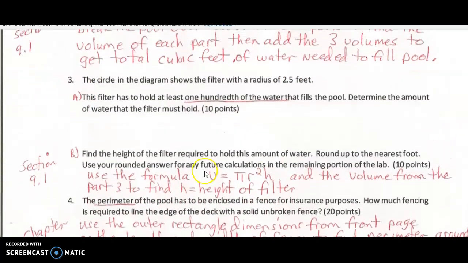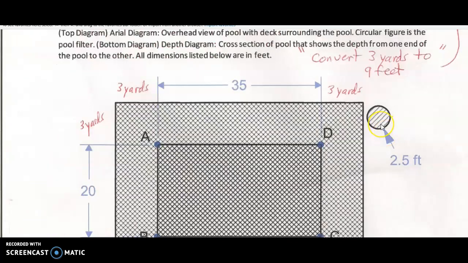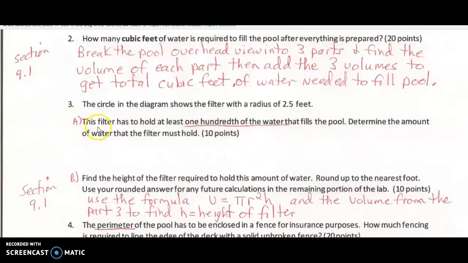All right. Question 3 is going to ask you about the filter. The filter was the little one shown in the drawing. Your filter has a radius of 2.5 feet, so remember that. Now the part A question for number 3 was, the filter has to hold at least 1/100th of the water that fills the pool.